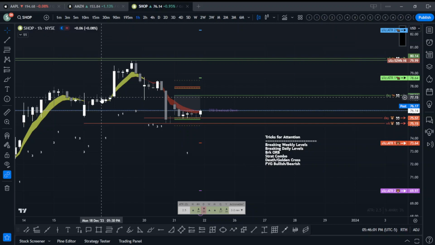If I see things lining up on the 5 minute, I see my golden cross on the 5 minute, I see my strat combo on the 5 minute, I see the break of ORB, which will be 30 minutes, I see all of those things happening to the bullish side, which the golden cross would represent. I'm sorry, the death cross is what you said on the 5 minute. So all of those things will be bearish, and I'm looking to hold the potential puts for a very short time because I see those on the shorter time frames.